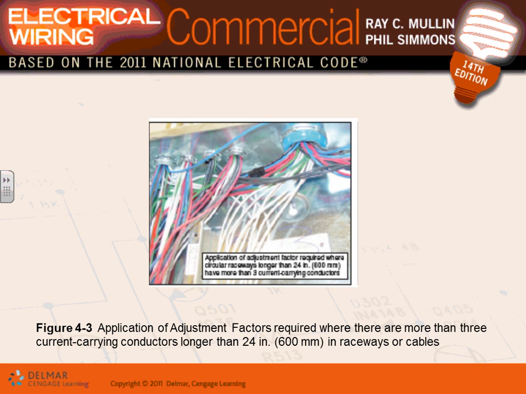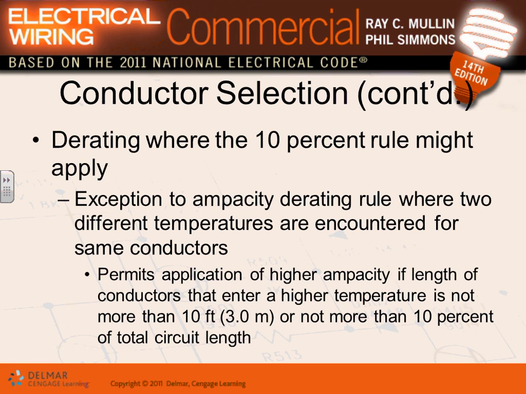Here's an example of grouping. Grouping conductors for more than 24 inches, longer than 24, requires you to derate, as we all know. There's a couple of exceptions for the derating, and I'm sure you guys know, Darren and Jeff. If you have a conduit, here's that conduit. This is a conduit carrying current.